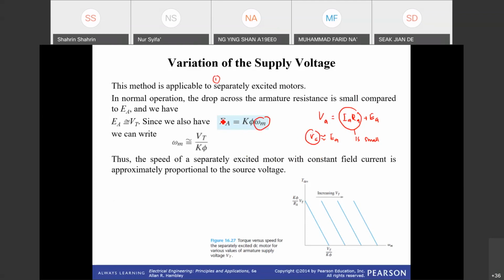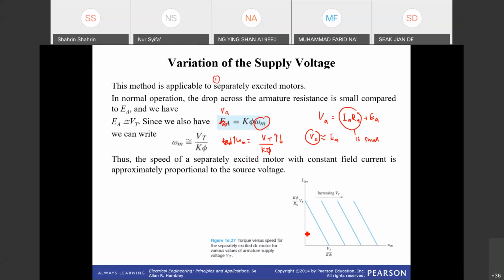We can substitute EA with VA, and then we manipulate and rewrite this equation, and we get that your speed can be controlled by VT. So by controlling the VT, you are controlling the speed of the motor.